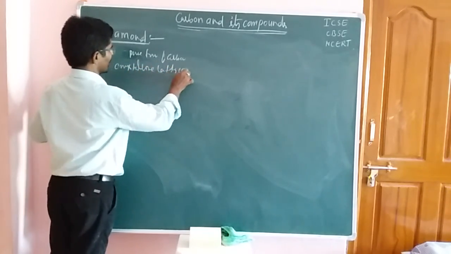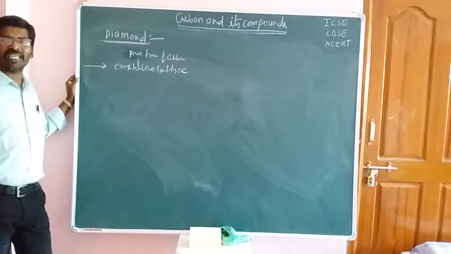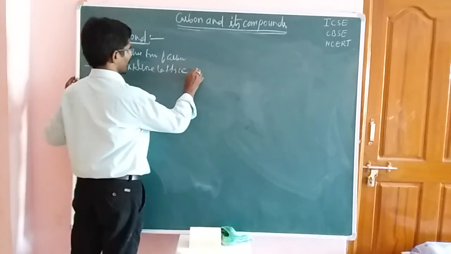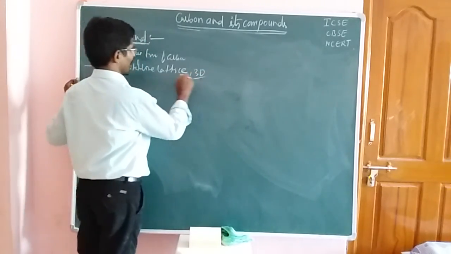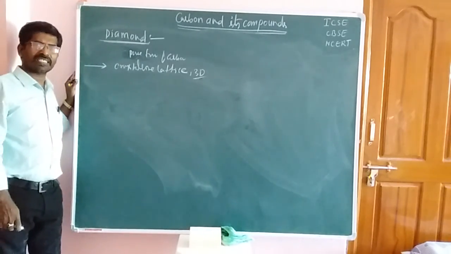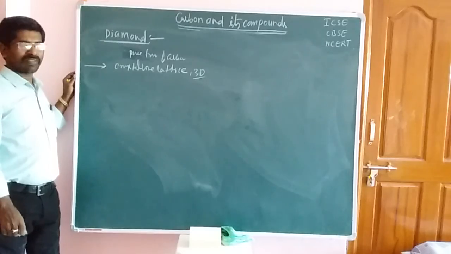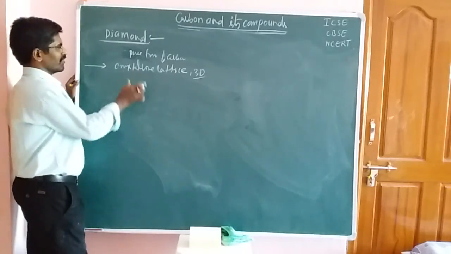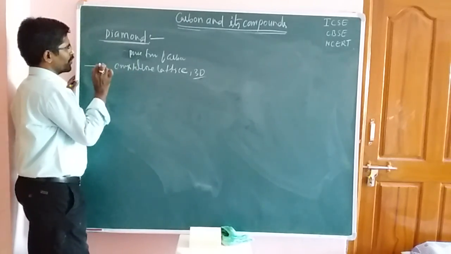Now the diamond exists in a crystalline lattice, and the next point is the three-dimensional lattice structure. Three-dimensional lattice structure.